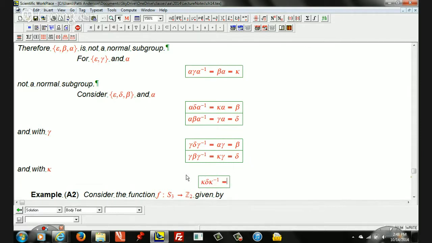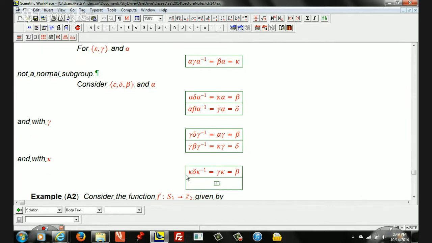So what's kappa delta? And kappa inverse? Kappa. So gamma kappa, beta, which is in our set. And then we do it with the last one. Beta, kappa inverse. Kappa beta, alpha, and kappa inverse was kappa, so alpha kappa, which is also in our set.